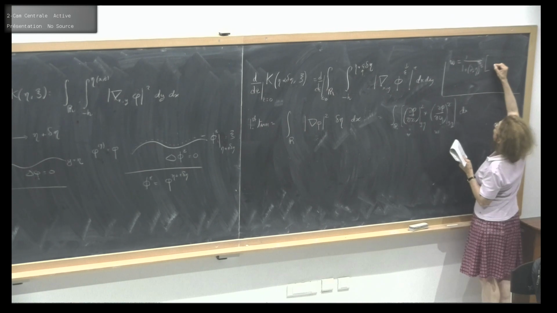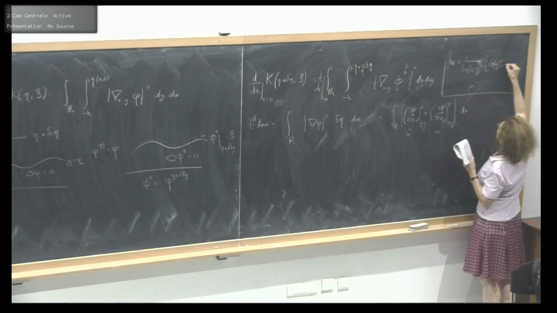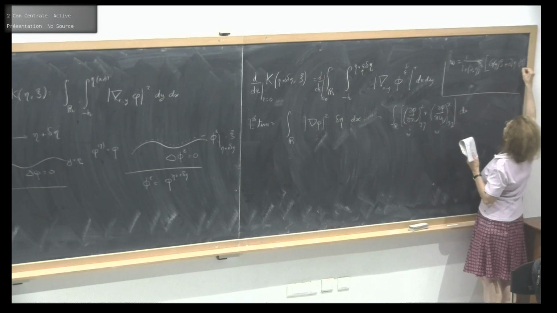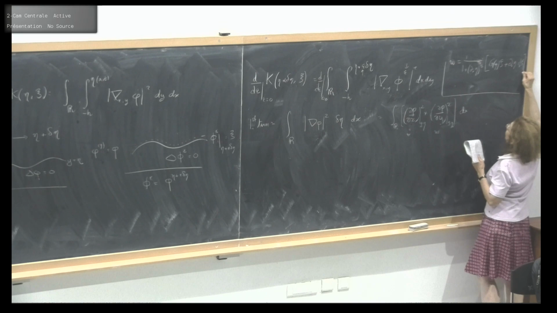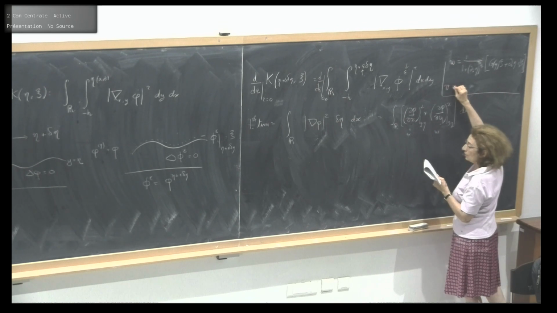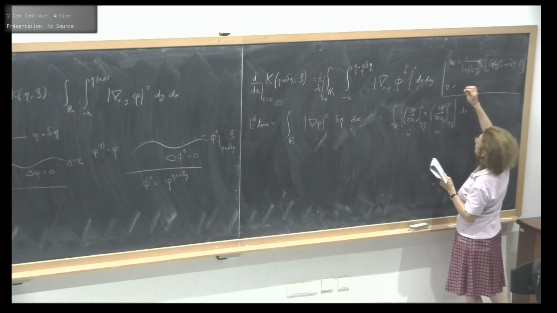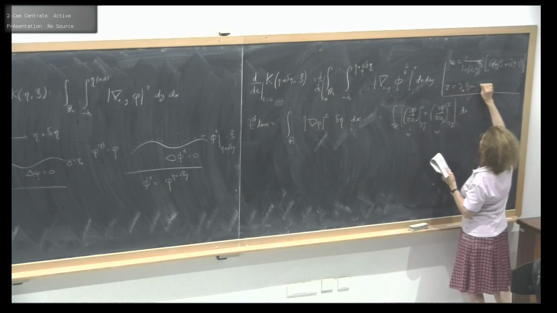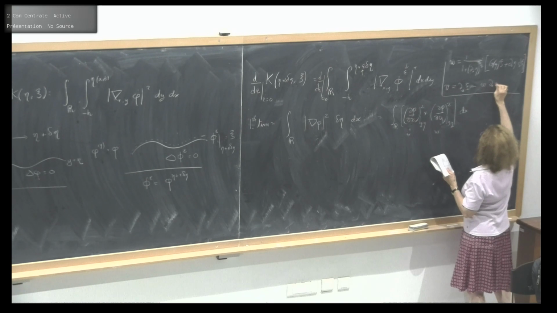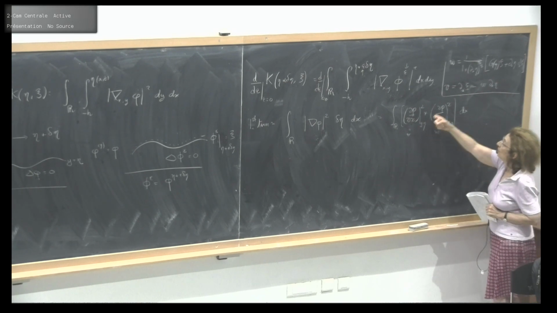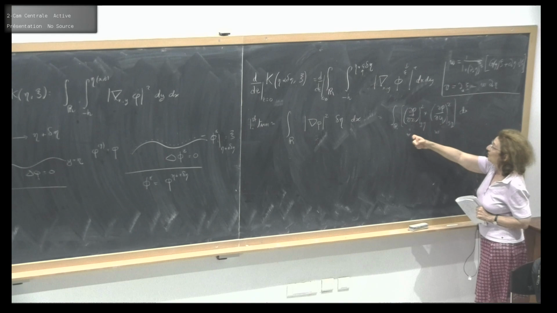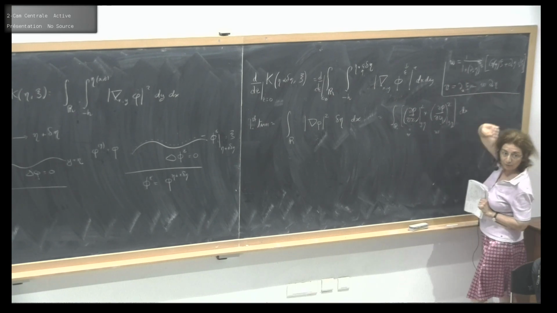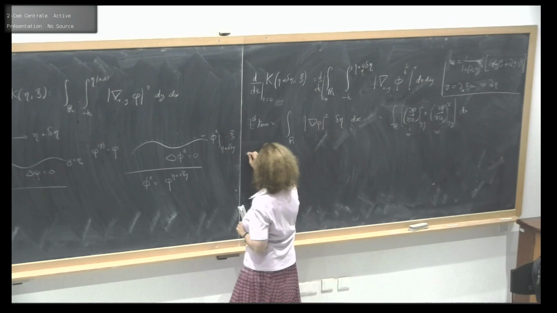It must be in your notes. And W is vertical, V is horizontal, but this is this minus W dx. So we have a formula. I don't write it again, but this will be V squared plus W squared. Okay? And now we have the second term.